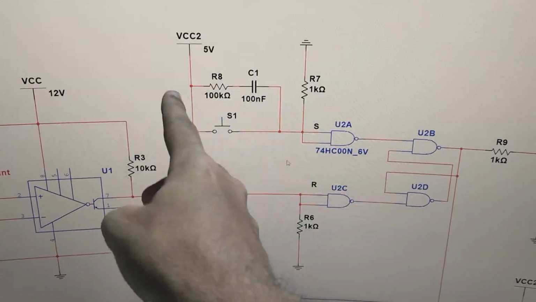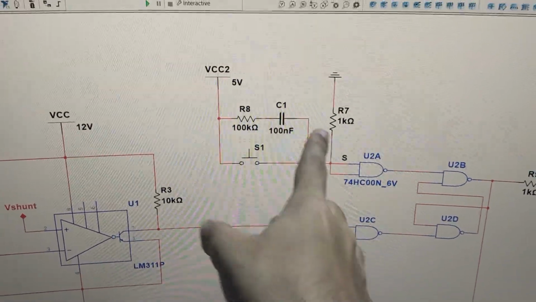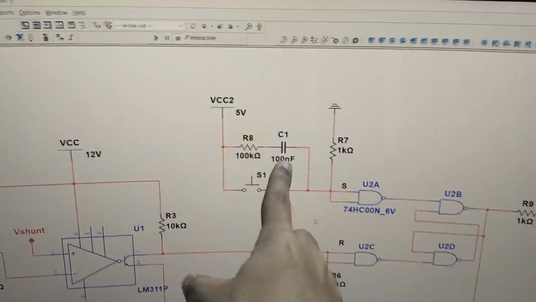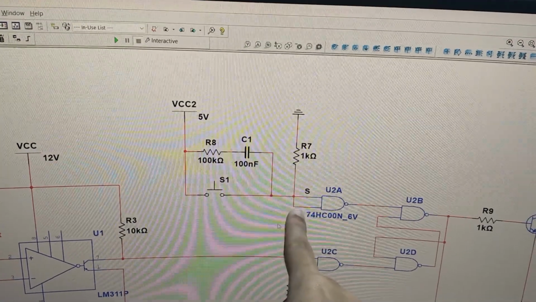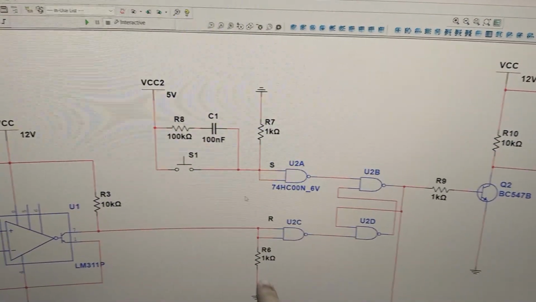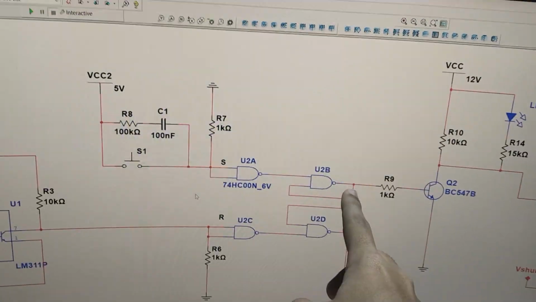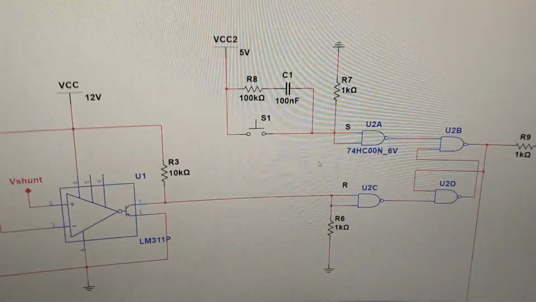So in the start itself, once the circuit is powered on, we put a series RC to the set input. Initially this capacitor would act as a short. So basically we would get a 1 at this set input. And if the set input is 1 and the reset remains 0, your output becomes 1. So our initial state would be 1, and that's exactly what we want.